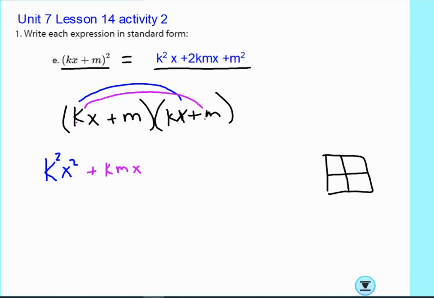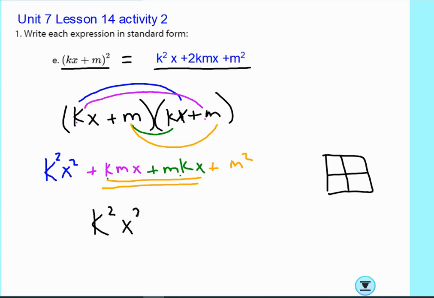All right. Then we've got m times k times x, which really, these two things are the same thing. It's just a different order. And lastly, m times m. All right, so we can combine these two middle terms. We end up with k squared x squared plus 2 km's with an x next to them plus m squared, right?